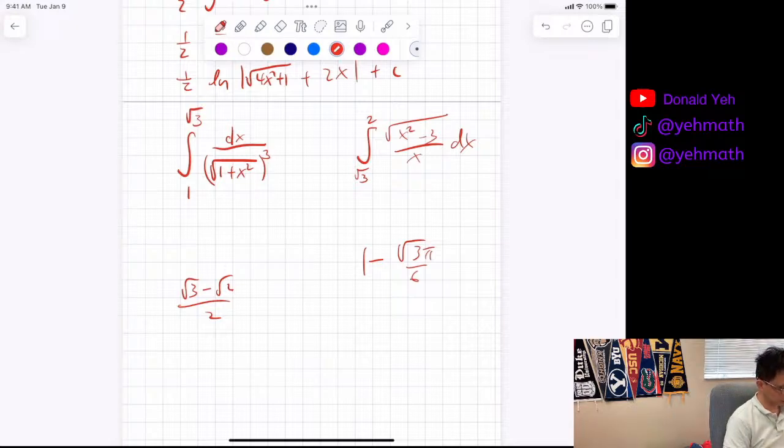So all this is wrong. No, it's not wrong. What did you use? I'm using secant. It's secant, it's x squared minus or plus 3.